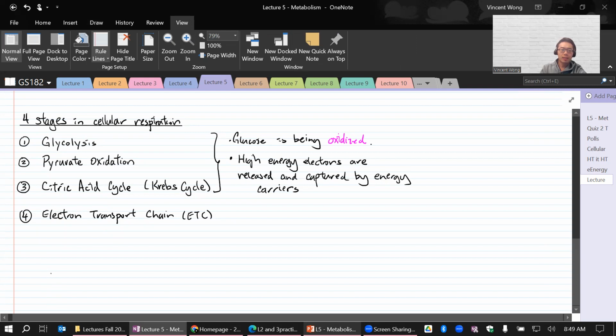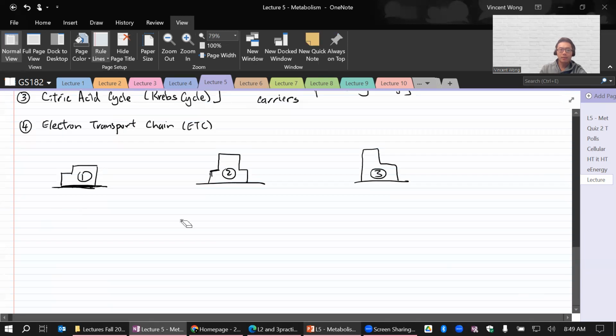So I want you to think of it like this. Think of it as just an analogy, I guess. I don't know if this is gonna be any good. So this is building number 1. This is building number 2. Maybe this is your home, this is like a hotel, and this is another building, the mall or something.